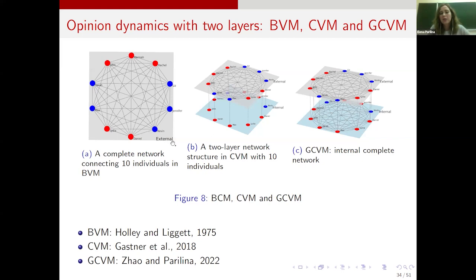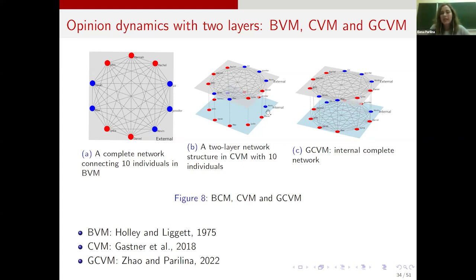This model was extended, and it is called the concealed voter model. It is represented with two layers, an external and an internal one. In the external layer, we have the same basic voter model. And it is assumed in this model that each node has its own internal opinion. So we see the internal opinion layer.